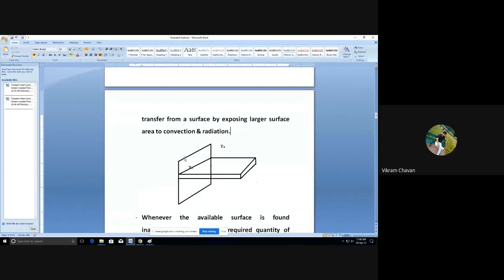So base surface, and we have attached the rectangular fin to that particular base surface.